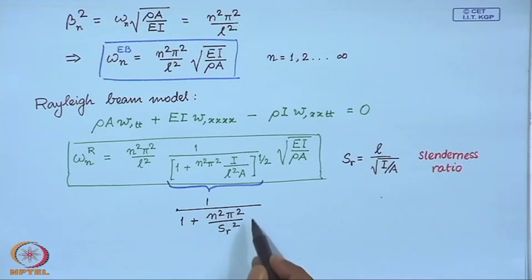In that case, this factor is much smaller than 1. In that case, this ratio is almost 1.